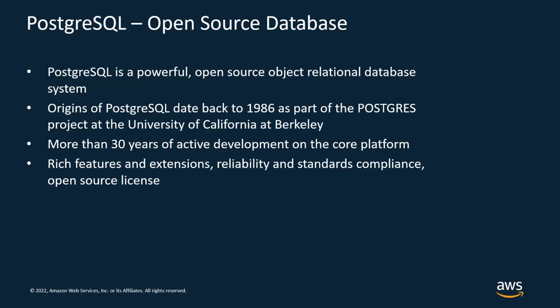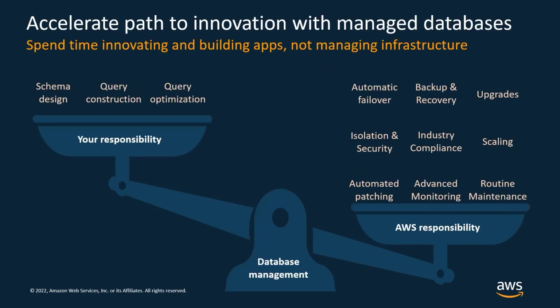It has earned a strong reputation for its proven architecture, reliability, rich feature sets, and extendability. It's well known for its strong development community behind the software. The community developed and maintained a rich set of extensions that adds on the core Postgres functionality.